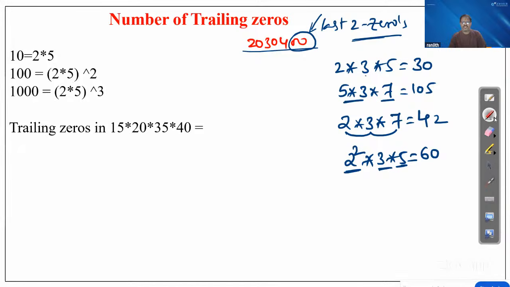So trailing zeros. Just look here. Here we have a trailing 0. How does the trailing 0 come? By the multiplication of 2 into 3 into 5.